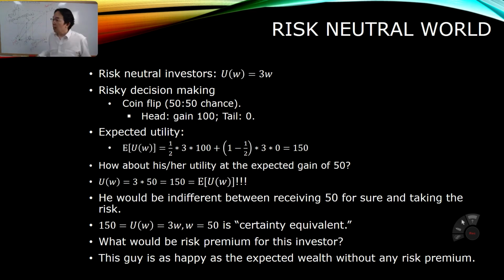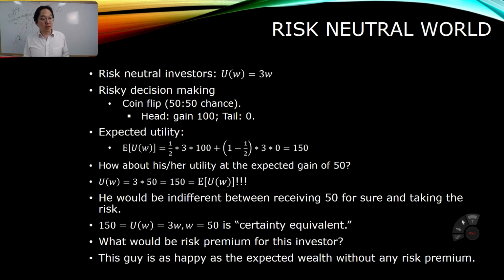Okay. Now, of course, this diagram over here is kind of misleading because it has to be a different slope, right? Instead of being based on the square root function, it should really be like 3 times, something like a straight line over there. That's what I'm saying, right? And then how about his or her utility at the expected wealth of 50?